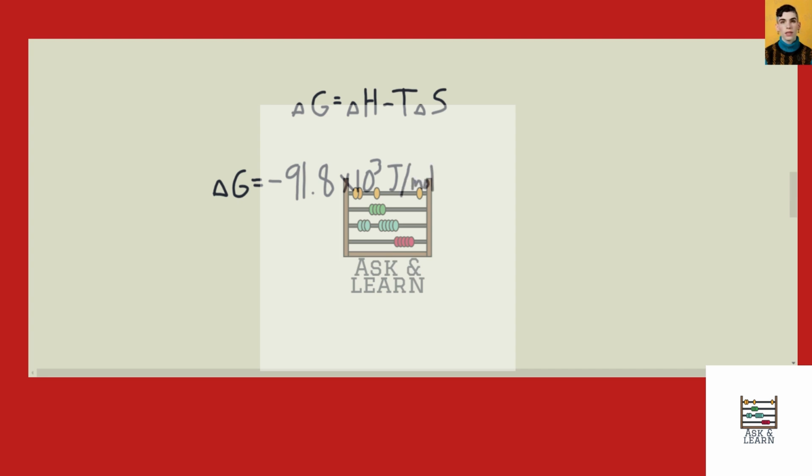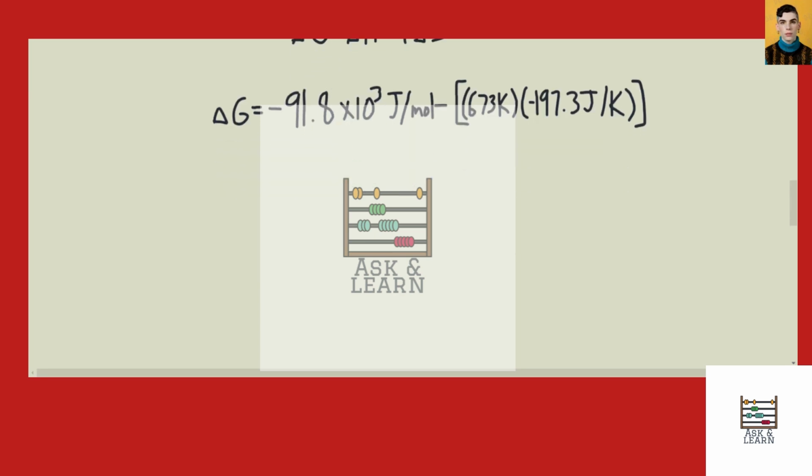Joules per mole minus that temperature converted into Kelvin is 673 times the delta S, which was negative 197.3 joules per Kelvin. That comes out to a delta G value of about 4.1 times 10 to the power of 4 joules per mole.